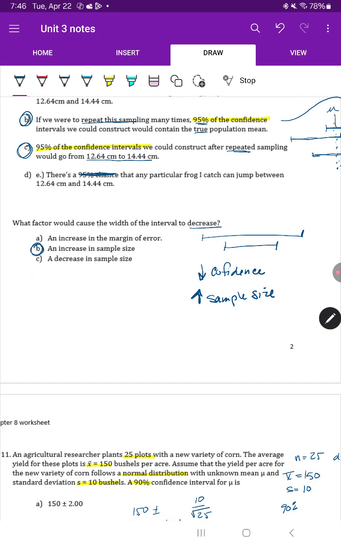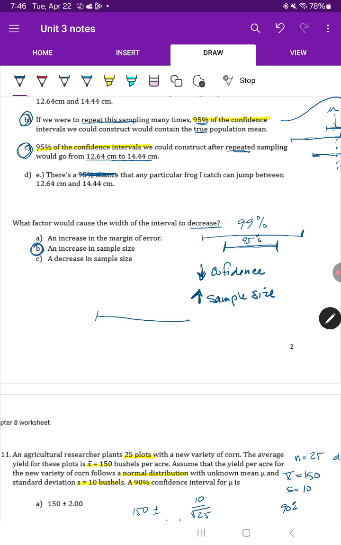Okay, what would cause the width of an interval to decrease? One thing I can do is decrease my confidence. So I could go from 99 to 95. That would decrease my confidence interval.